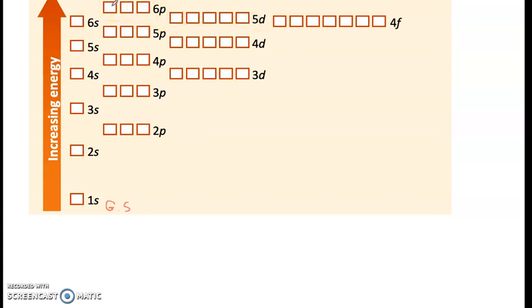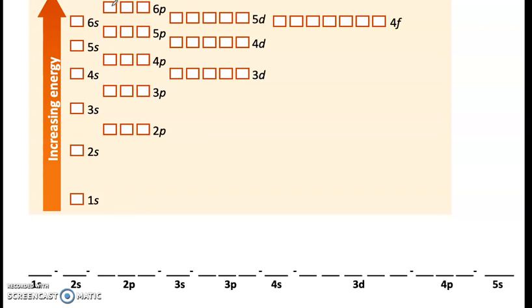At the bottom here, I have a list of the order that you need to know up to 5s. Any further, it's pretty far. We're not going to be really going past 5s for the most part.